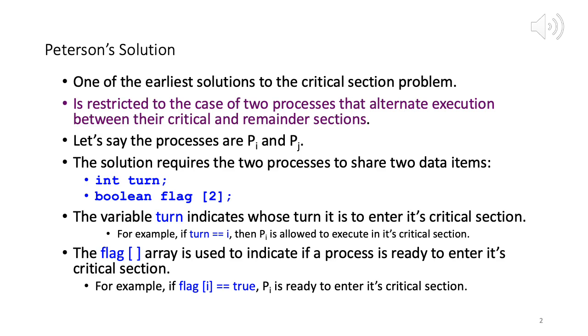In that segment of code, the process may be accessing and updating data that is shared with at least one other process. You may have a shared variable among two processes, among three, among four, any number, but that data has to be shared among more than one process.